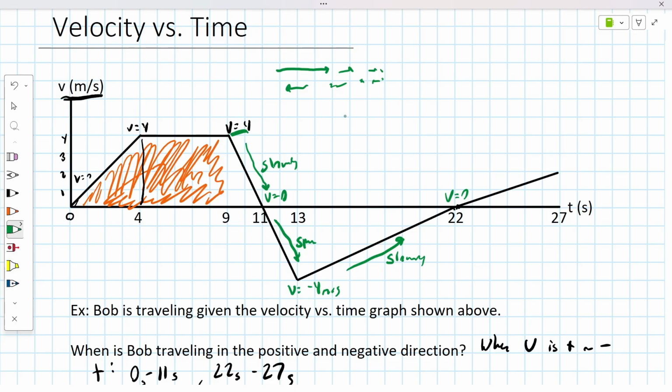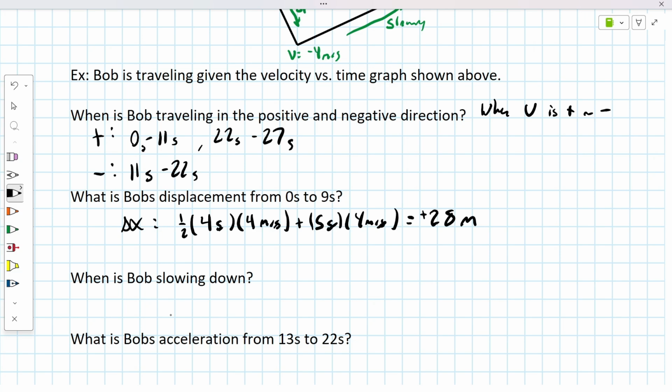And as a rule of thumb, it'll be slowing down if it's going towards the x-axis. And if it's going away from the x-axis, then it is speeding up. So it's slowing down from 9 seconds to 11 seconds and from 13 seconds to 22 seconds. I'll just write that in.